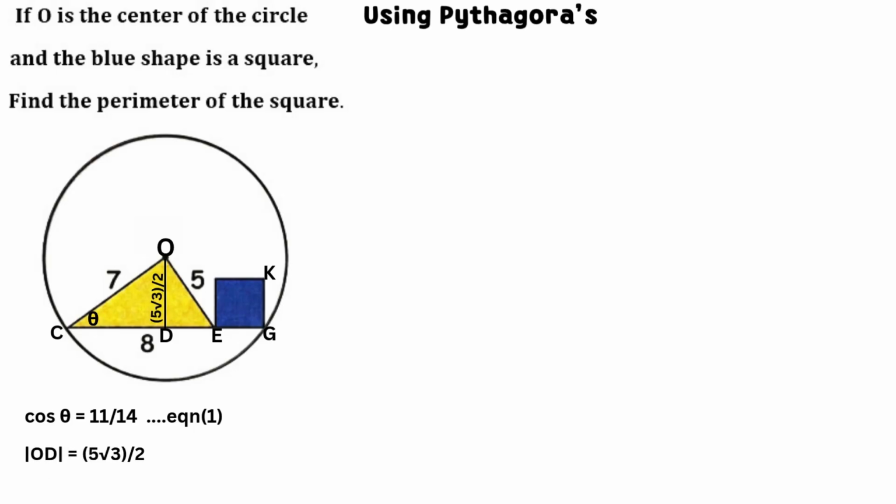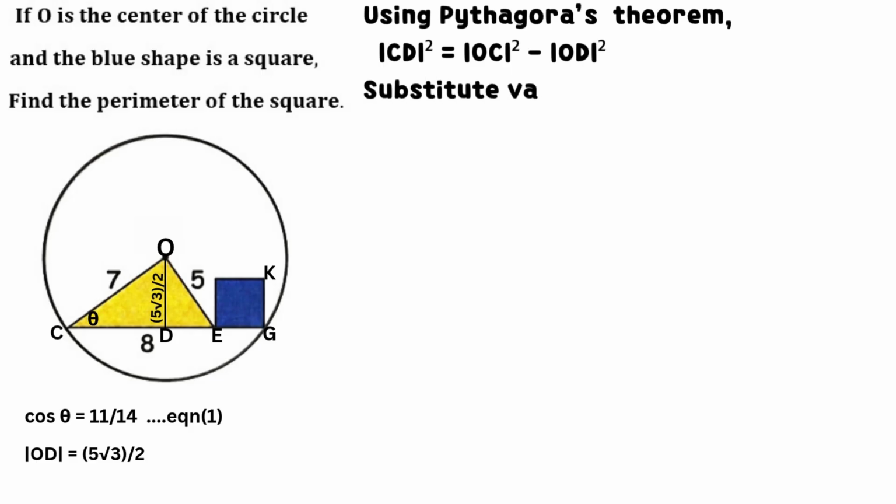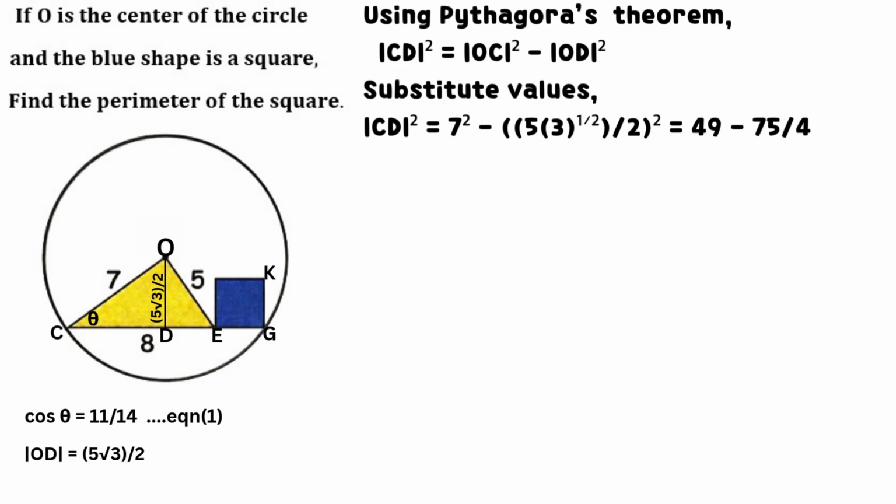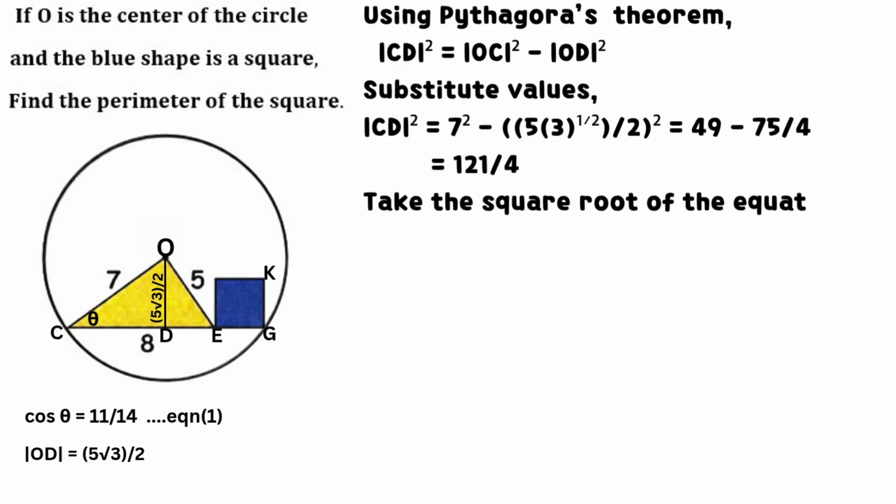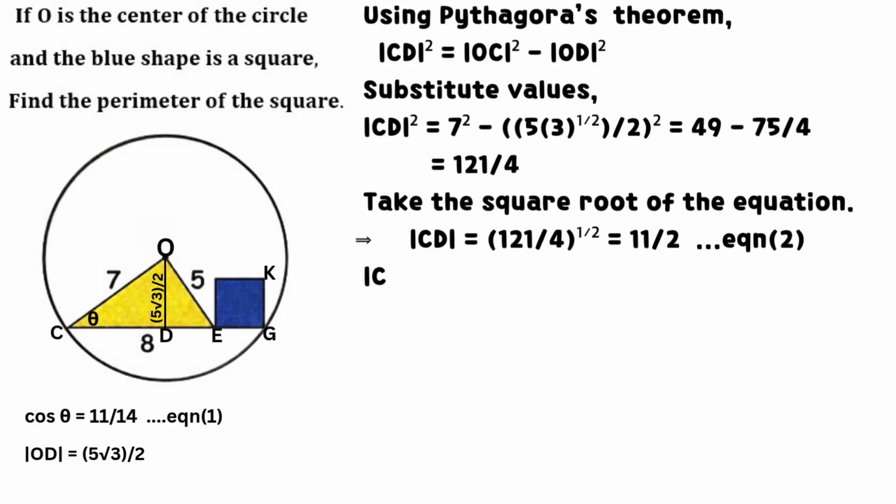Using Pythagoras theorem, the square of line CD equals the square of line OC minus the square of line OD. Substitute values. We have that the square of line CD equals the square of 7 minus the square of half of 5 times the square root of 3, which simplifies to 121 divided by 4.